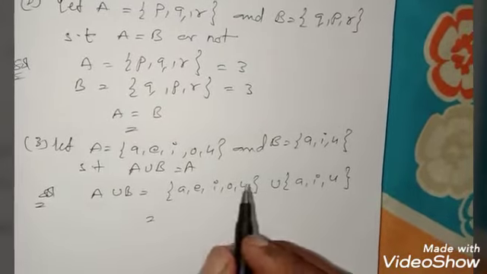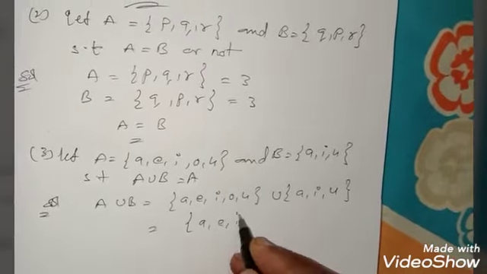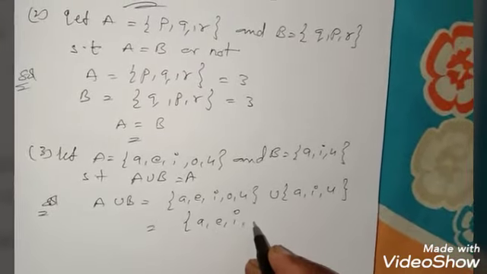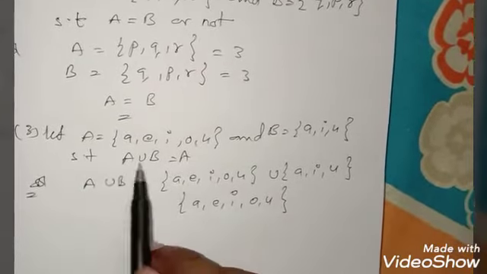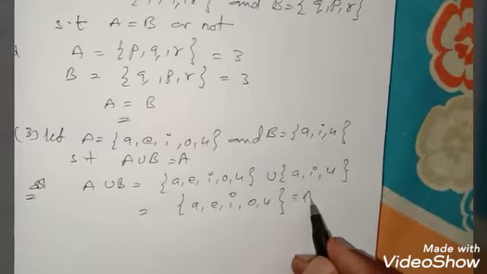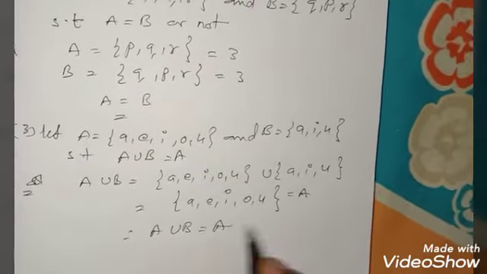As per the definition of union, you combine all the values, that is A, E, I, O, U. This is the same as set A, therefore the final answer is A union B is equal to A.